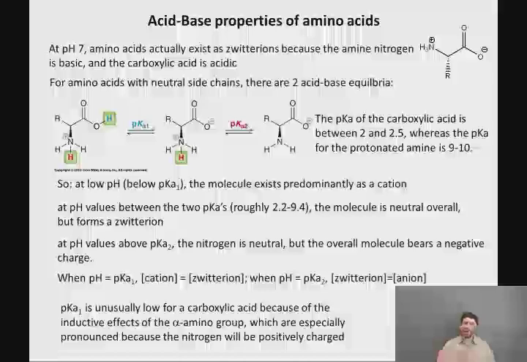The nitrogen wanting to pull electron density towards itself stabilizes the extra electron density on the negatively charged oxygen, and that is even more pronounced than normal because that nitrogen is positively charged and really wants to pull electron density towards itself.